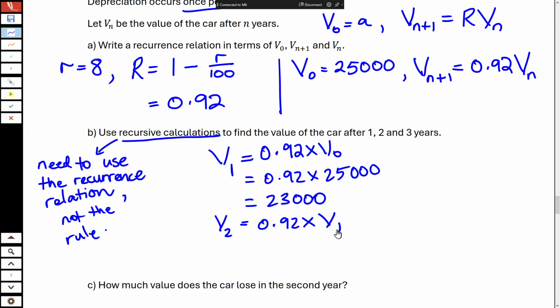Yep, that's it. So all we're doing here is we are moving forward in time by 1 year, and every time I go forward by 1 year, I'm multiplying the value by 0.92.